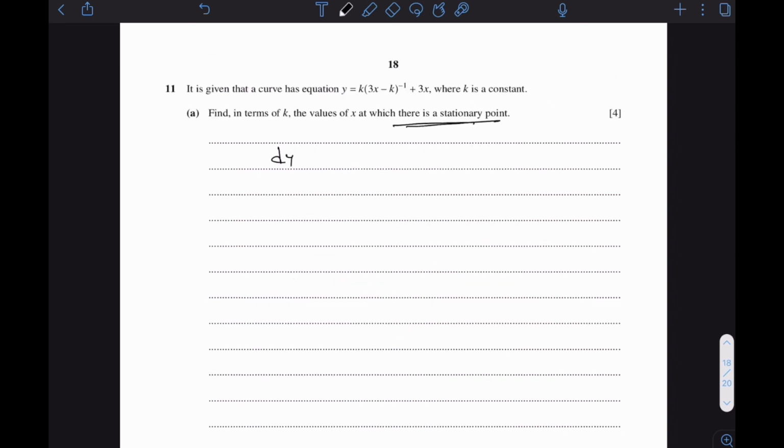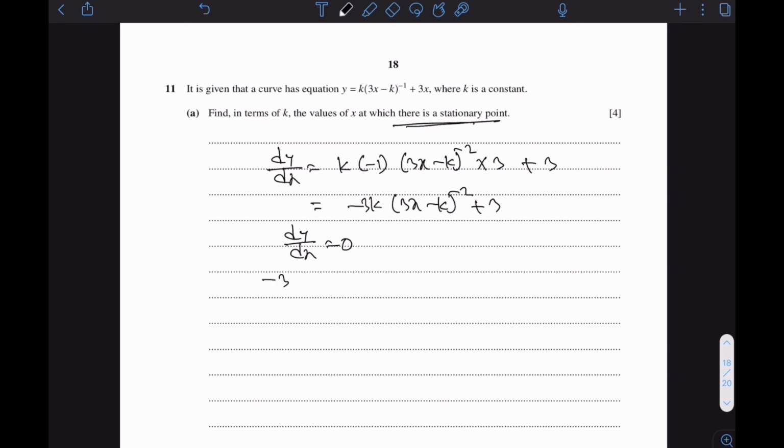Okay, to find a stationary point, we need to first differentiate. That is dy/dx equals minus 1 times (3x minus k) to the power minus 2 into 3, plus 3. Okay, let us simplify. Minus 3k (3x minus k) to the power minus 2 plus 3. At a stationary point dy/dx equals 0.